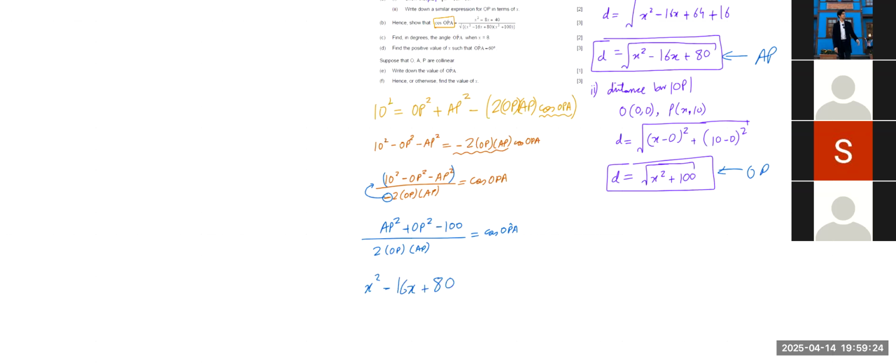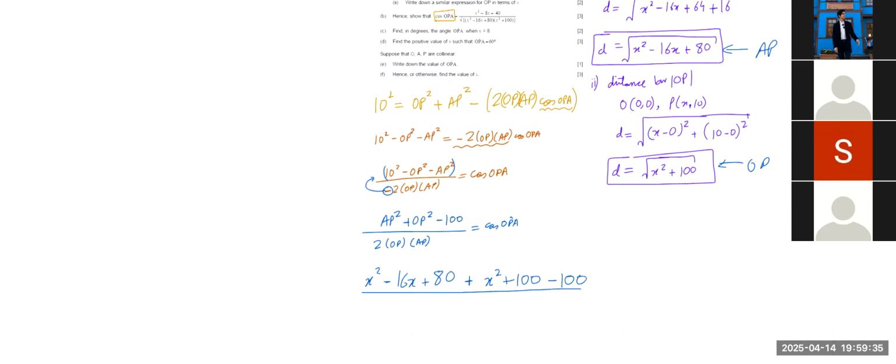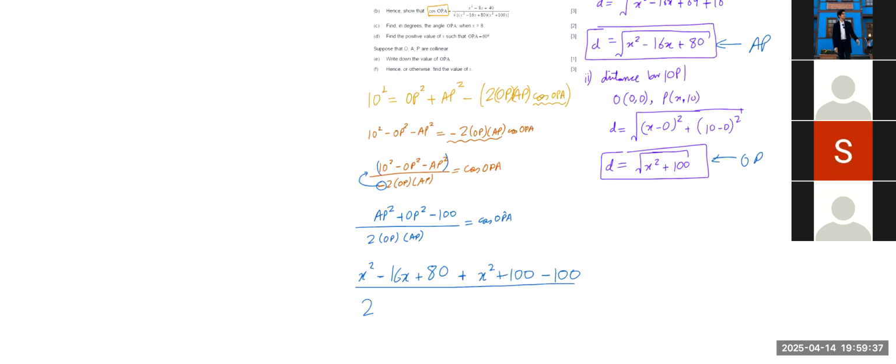Similarly, OP squared is this guy without the square root. And then minus 100 is just a minus 100. Divided by 2 times OP, which is this, times AP, which is this, and equals cosine of OPA.